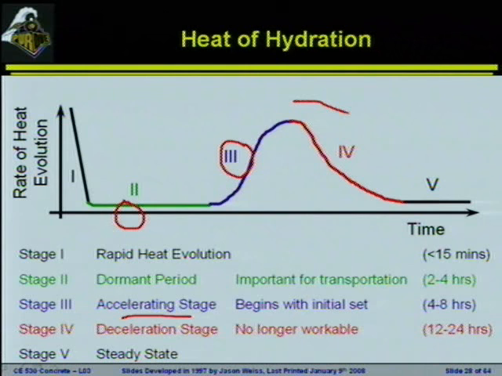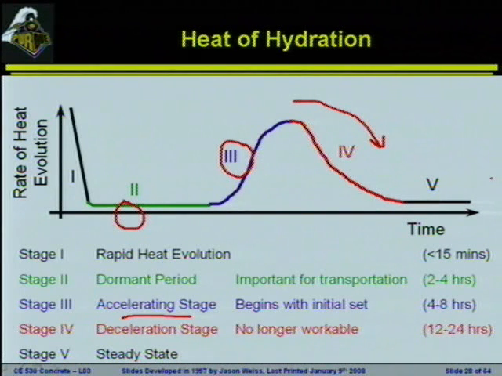The rate of heat will start to decrease when the diffusion-controlled reaction starts to take place. We'll go into stage 4, and then we'll get to a point where we're really at steady state, where the reaction is still proceeding, but very, very slowly, from a few days out to many, many years. The reaction will continue as long as there is water in the system and there's cement that needs to be used up.